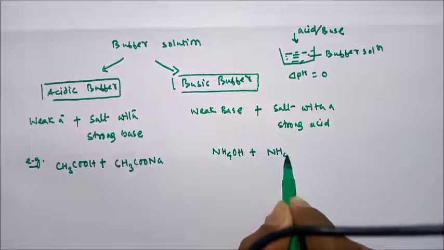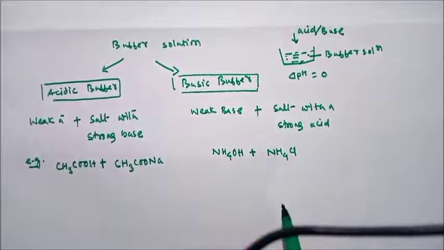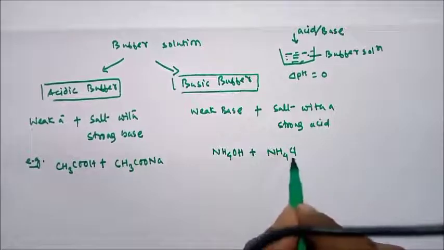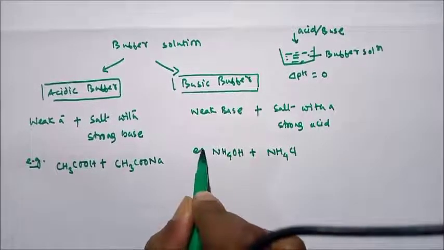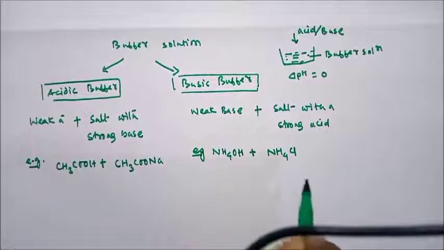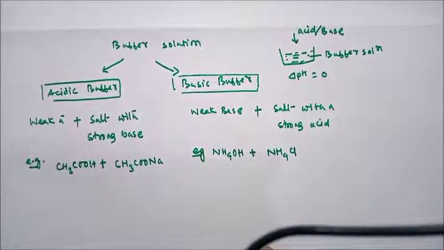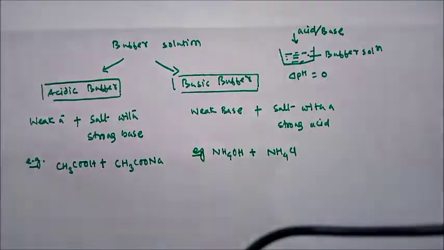So ammonium chloride, it is a salt of ammonium hydroxide with a strong acid HCl. So an equimolar mixture of ammonium hydroxide and ammonium chloride will form a basic buffer. Okay, these 2 conditions you should know to solve this question.